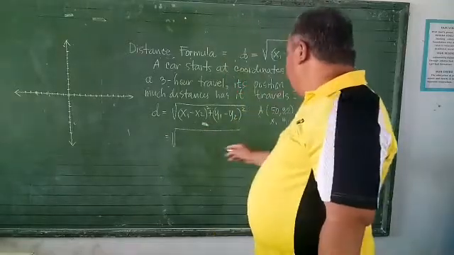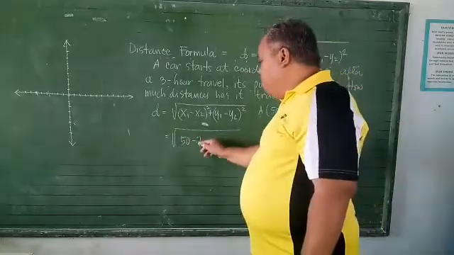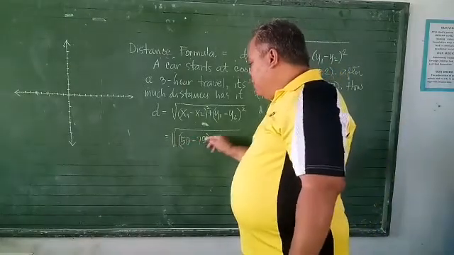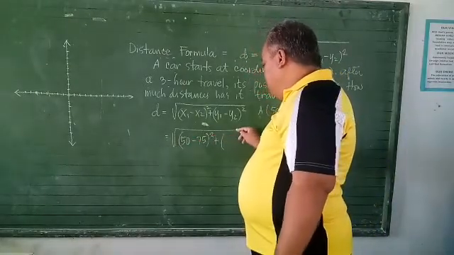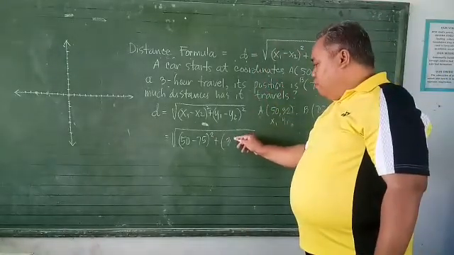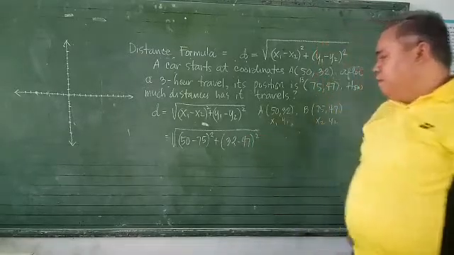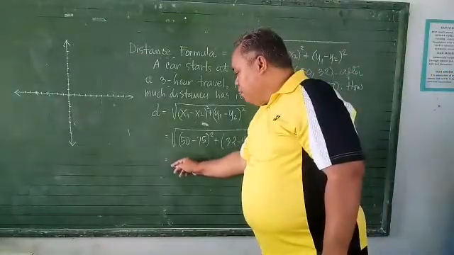X sub 1 is 50 minus 75, squared, plus y sub 1, which is 32 minus 47, squared.